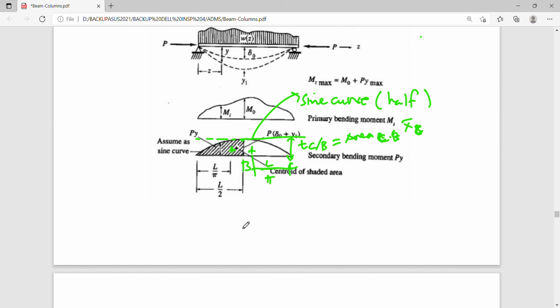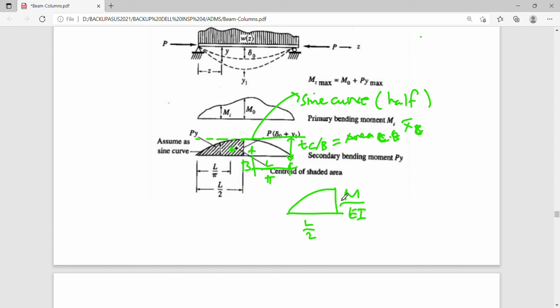So my area of a sine curve is just like the area of a parabola, half of a parabola. So if this is my L over 2, this is my maximum height, which is the moment. Yes, the moment diagram. So this is the M over EI.